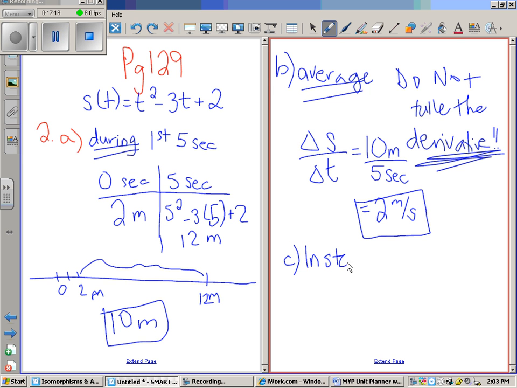Part C, now we get to some calculus. Instantaneous velocity. Okay, the instantaneous velocity is found by taking the derivative of the position function. Here is our position function, s of t.